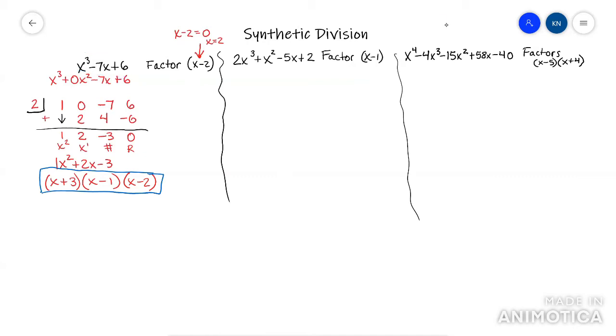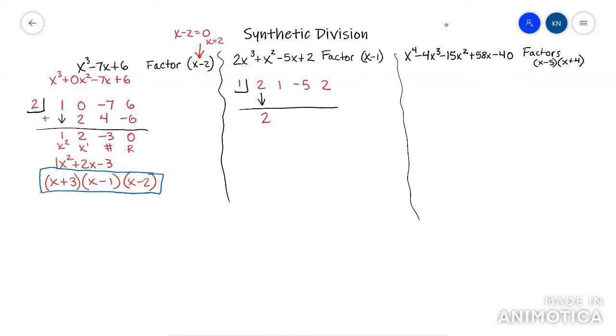Write down only your coefficients. Set your factor equal to 0 and solve. That's the number that goes in this half box. Drop your first number.